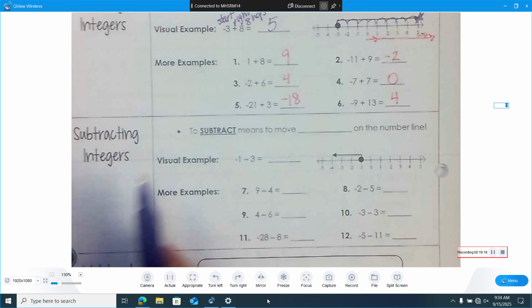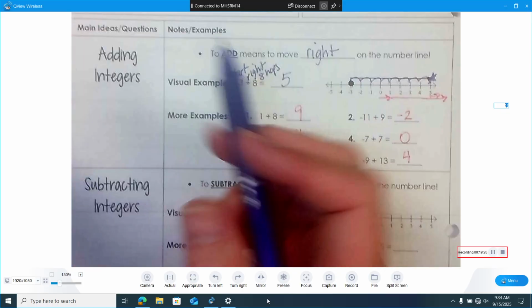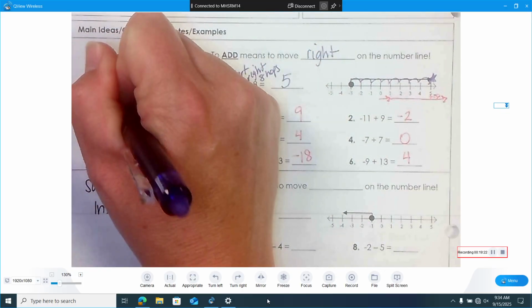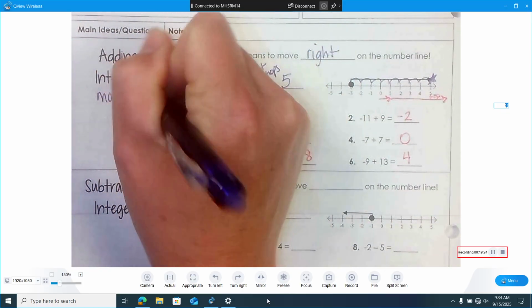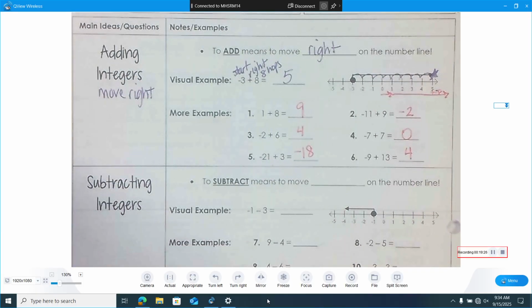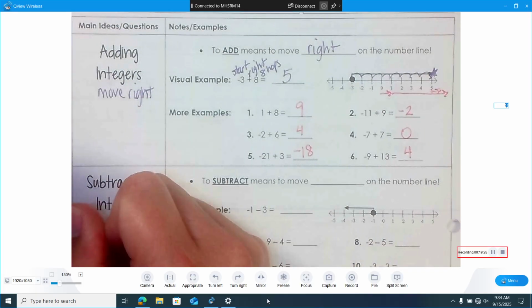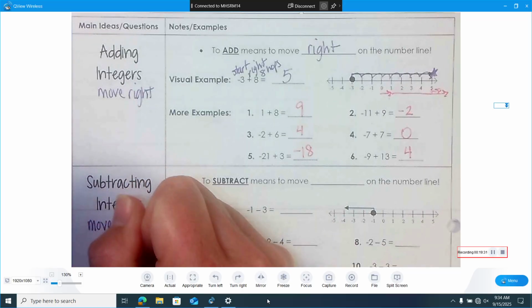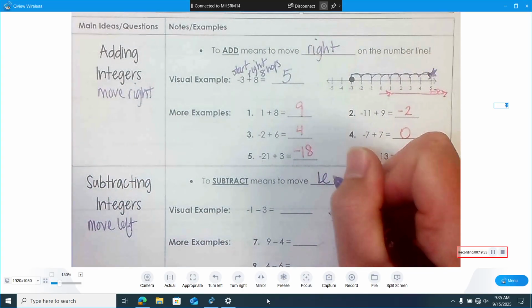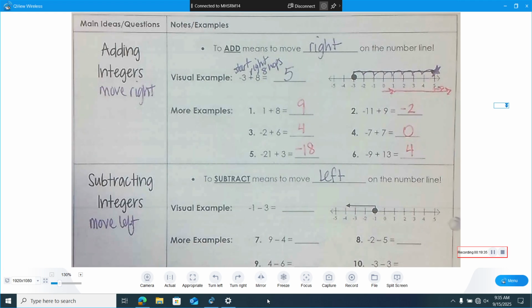But all right, so adding integers means that we're moving to the right. What do you suppose subtracting integers means? Yeah, that means we're going to move left to subtract. So that means we move left on the number line. That's really what that sign is telling you to do.